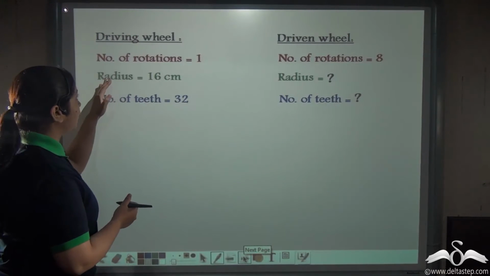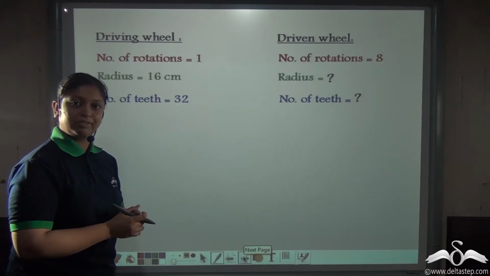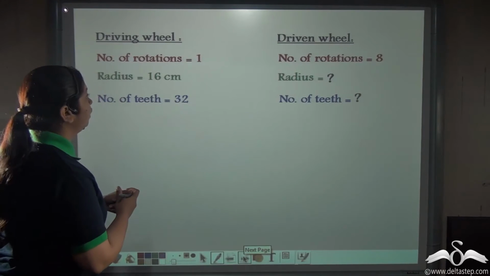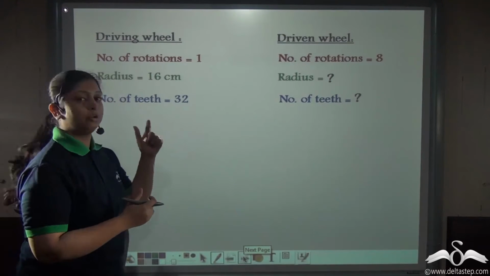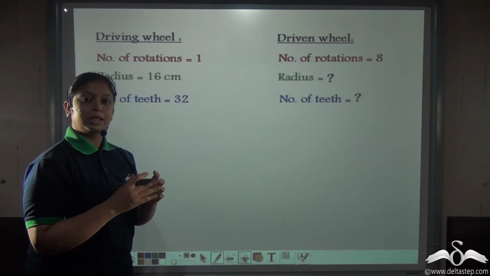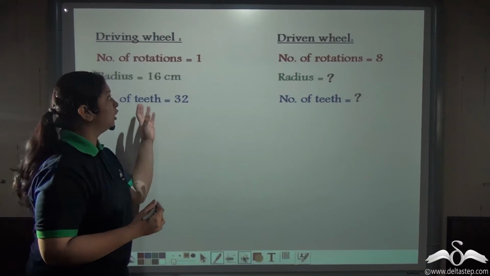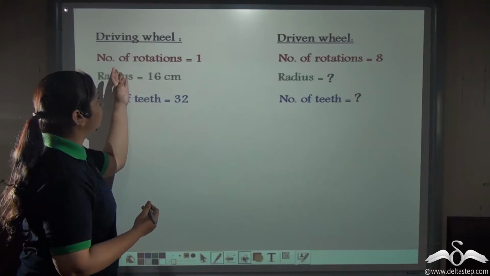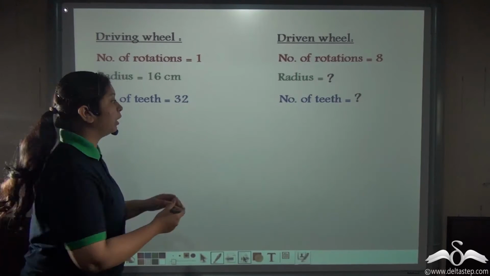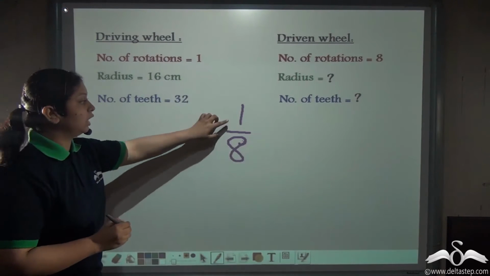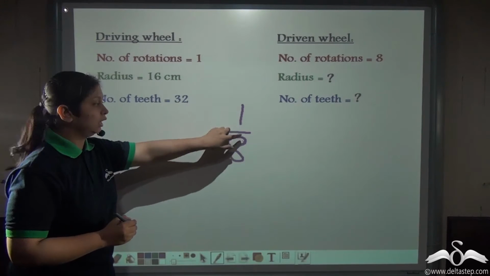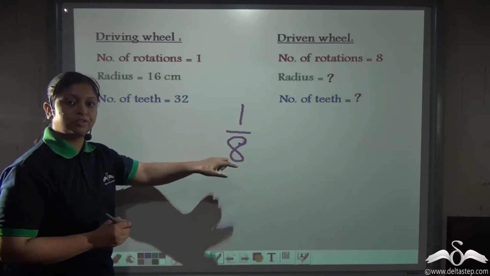We know the radius and number of teeth of the driving gear, and it is given that for every 8 rotation of the driven wheel, the driving wheel rotates 1, or we can say the ratio of the number of rotation of the driving wheel to the driven wheel is 1 by 8. That is number of rotation of driving wheel divided by number of rotation of the driven wheel.